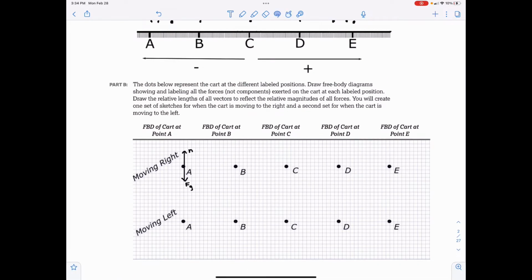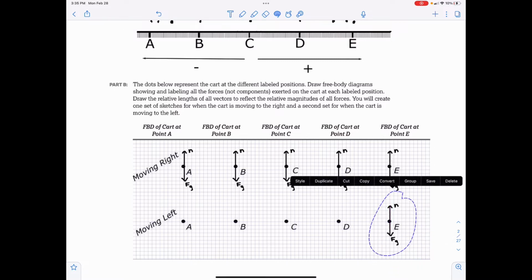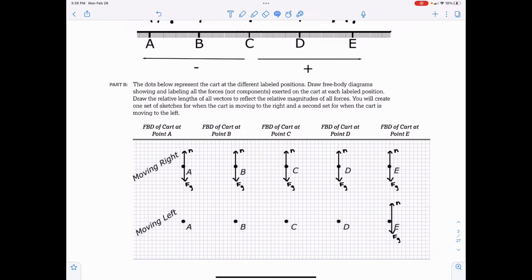Okay, now what I'm going to do, ladies and gentlemen, before we get started, is I'm going to copy that to each and every single one of these other diagrams, because in every single case, the weight of the cart, which is the gravitational force, is going to equal the normal force.